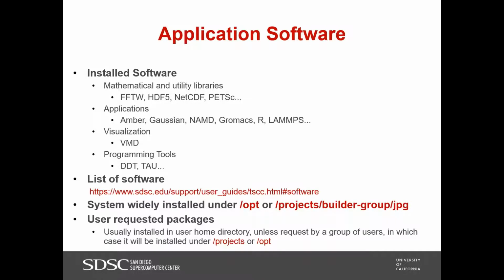Or if you want to share your software with others, or your group wants to install some software, we may install it under the projects directory. If several research groups want to use some software, we may consider installing the software system-wide.